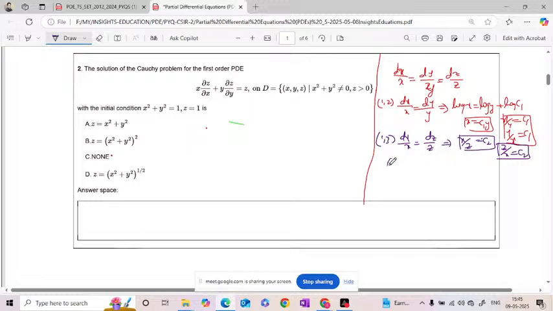Now here I am taking c1 is equal to function of c2, because z is equal to 1, so better take z inside the function. Now c1 is equal to function of c2. Now y by x is equal to function of x by z.